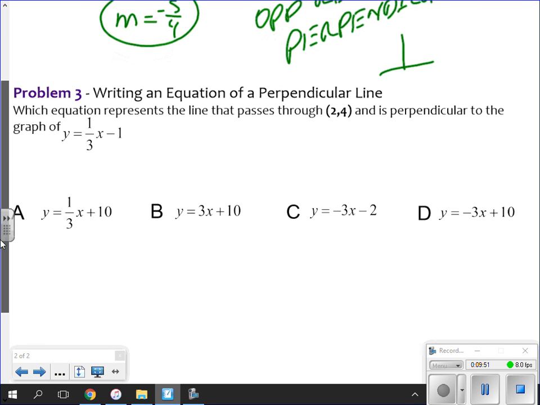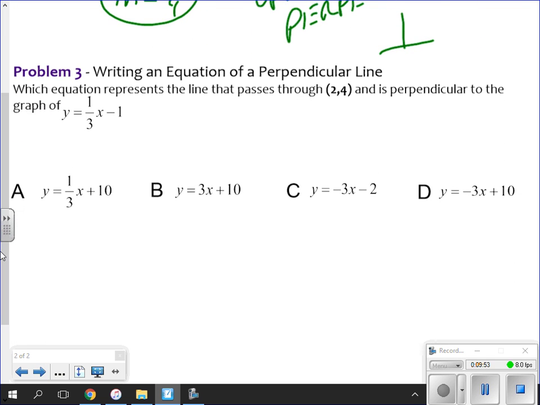Last one. It says writing the equation of a perpendicular line. Now this is multiple choice. However, in order to be able to do it, you don't want to just do eeny, meeny, miny, mo. You want to actually figure out the correct answer. So, this is very similar. We have a line passing through an XY coordinate, this is X1, Y1, that is perpendicular to this line.